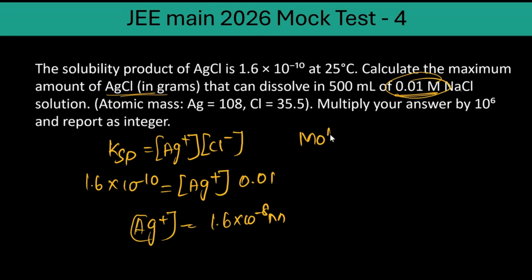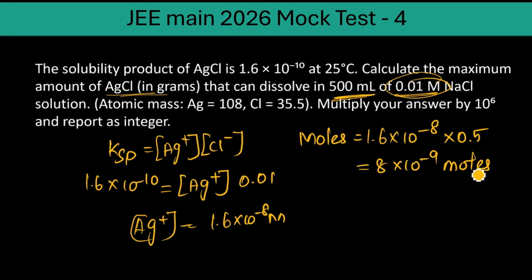So moles of AgCl is equal to 1.6 into 10 to the power minus 8 in 500 ml. So times 0.5, that becomes 8 into 10 to the power minus 9 moles. Now to find the mass of AgCl, they have given Ag is 108, Cl is 35.5.